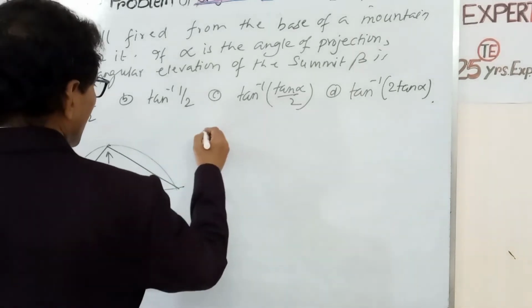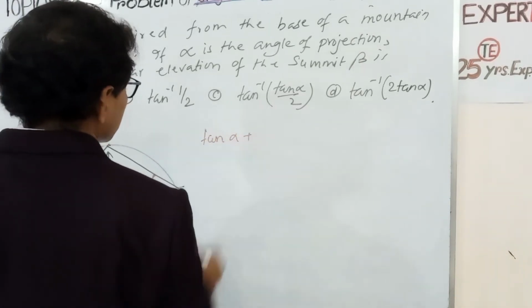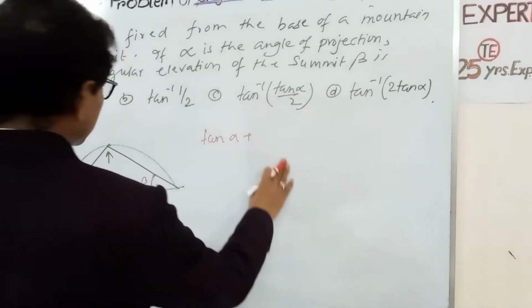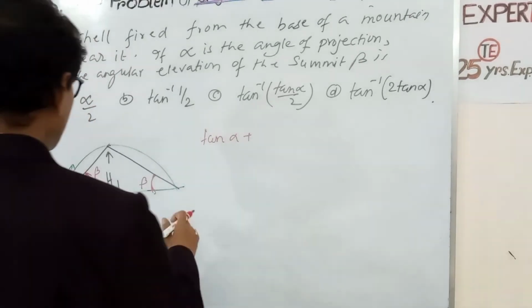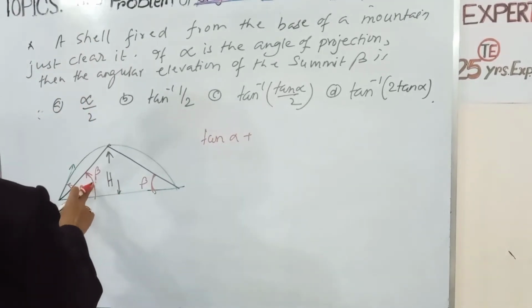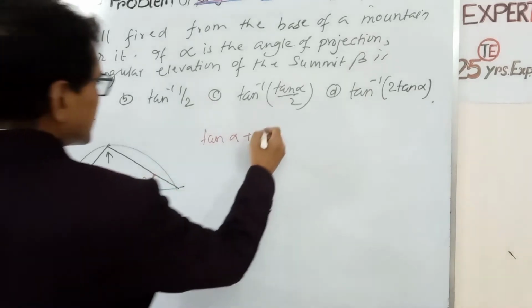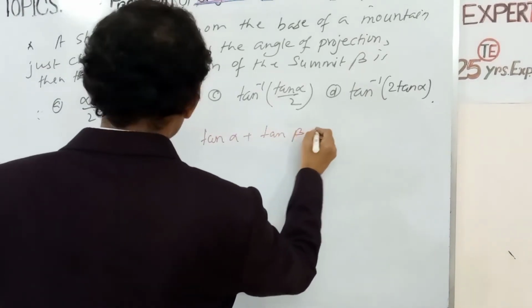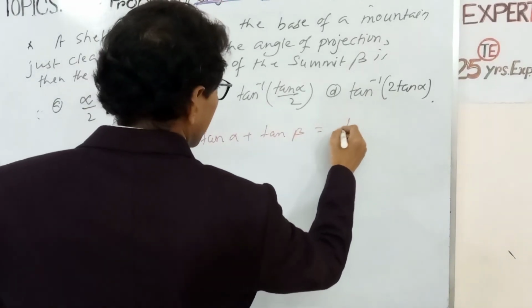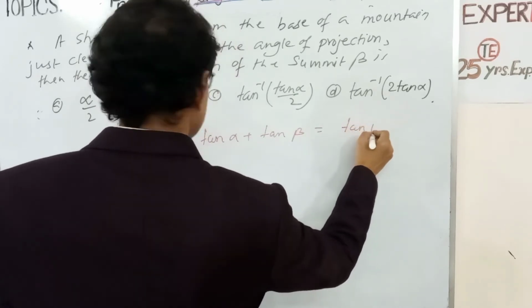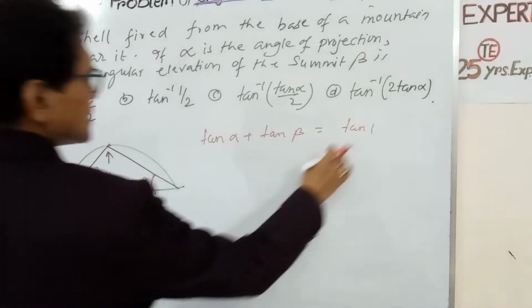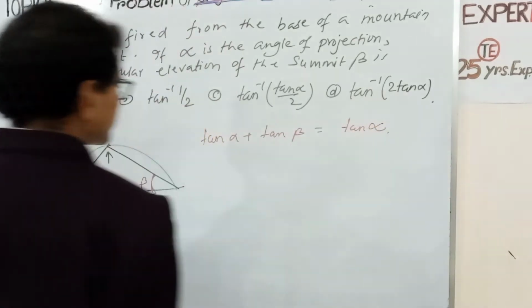Now one result I have discussed in previous videos is that if this angle is alpha and this angle is beta, then tan alpha plus tan beta equals tan theta, where theta is the given angle.